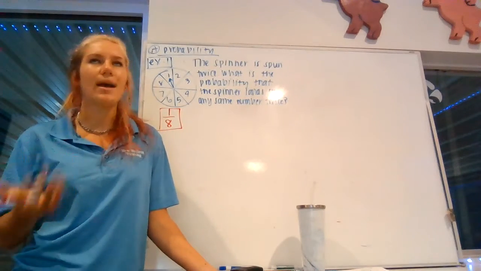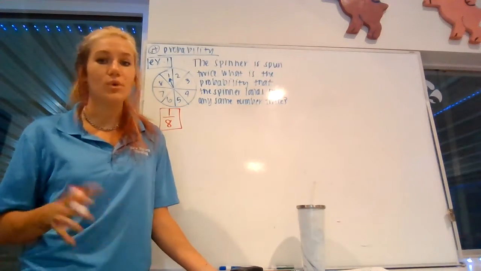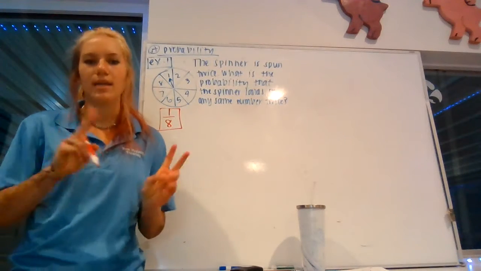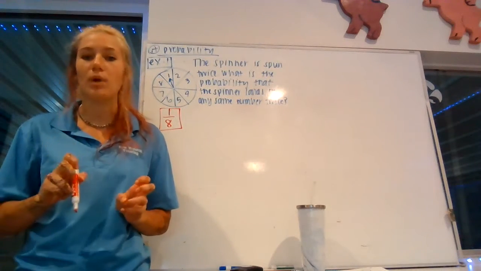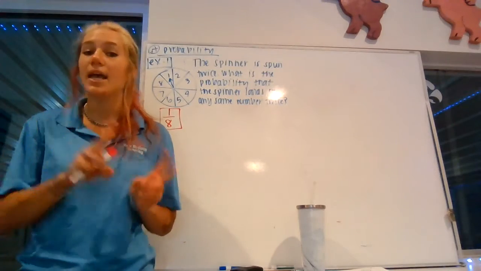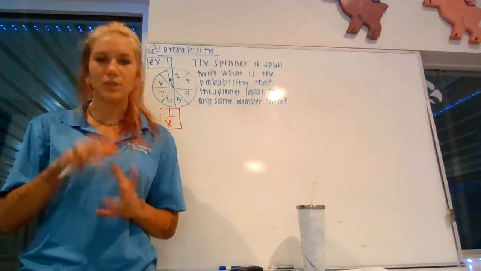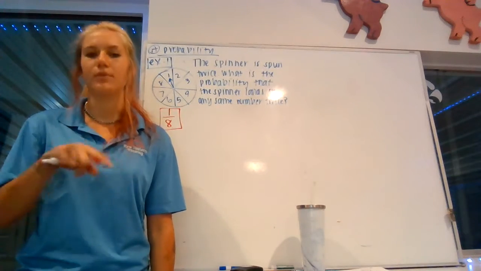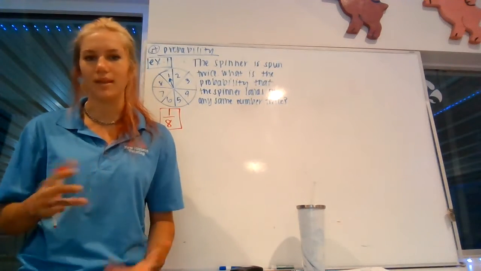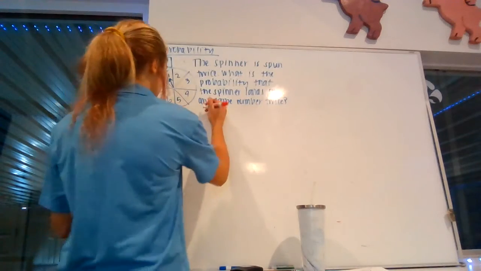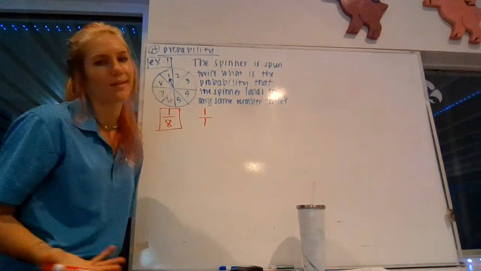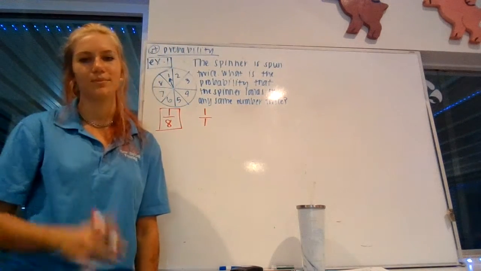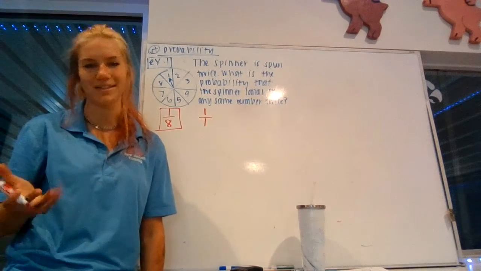So I guess technically, if you really wanted to, you could separate this out into the individual probabilities and the total probability. For the first individual probability, the first time you spin the spinner, it just has to land on a number, which is going to be 100%. It's going to land on a number unless it breaks, but that's semantics.